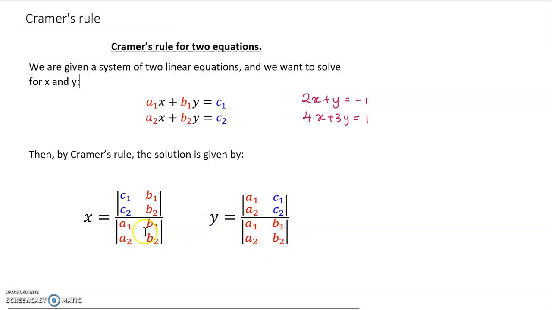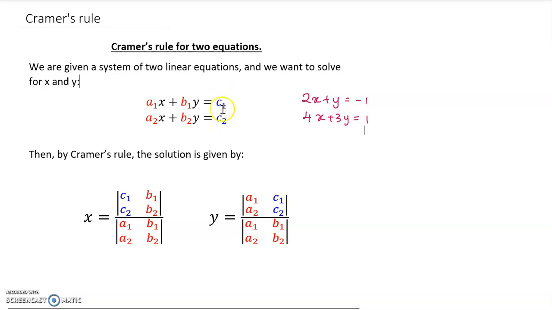At the top, for the x, in the first column you put the right hand side values. First of all, you need to rearrange your equations so that all the variables are on the left, and terms without the variable are on the right hand side.